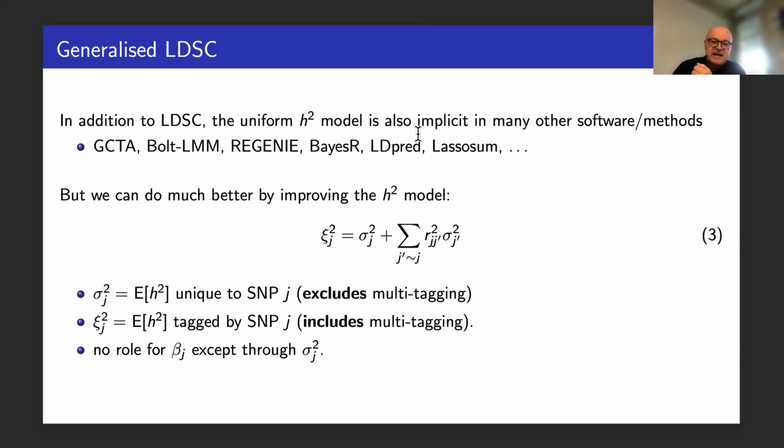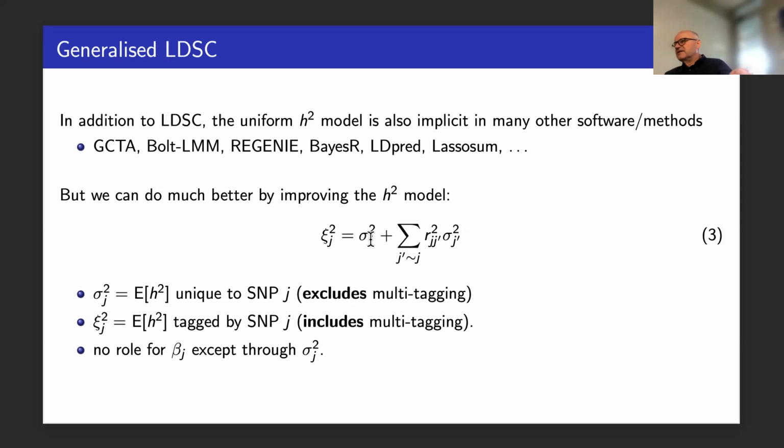Again, our core idea is that we can do much better in the models underlying all of these software by improving the heritability model. Now you have to compare this term here with the original LD score, and the difference is that we now have an explicit variance term for every SNP. The sigma squared J was a constant in the original LD score model, and we now allow that to be SNP specific.